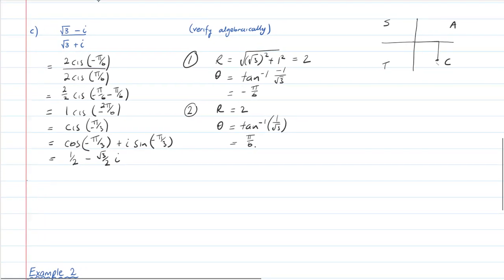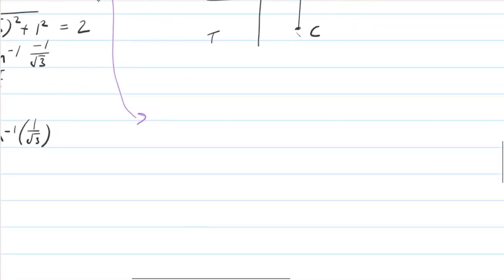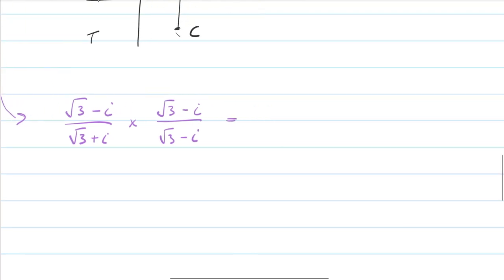Now, it did say verify algebraically. So my verification algebraically, which I'll just do over here in purple. It's root 3 minus i over root 3 plus i, times by the conjugate, root 3 minus i over root 3 minus i. And hopefully you can see that this simplifies.